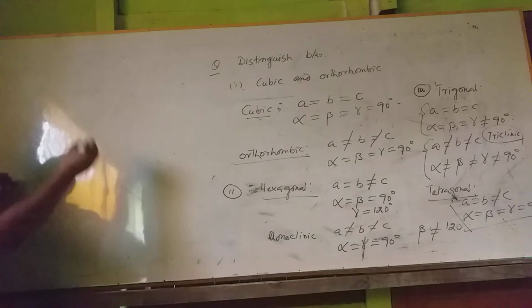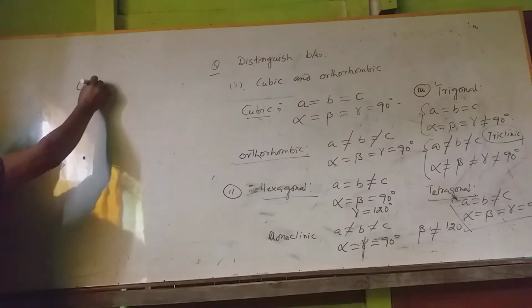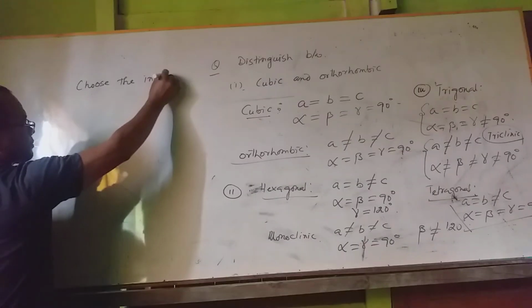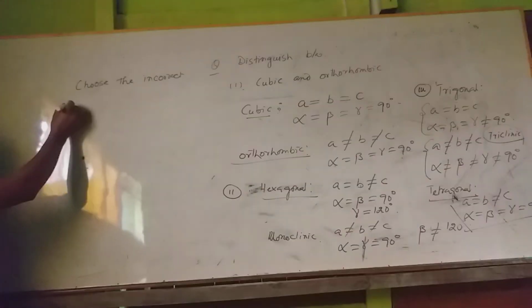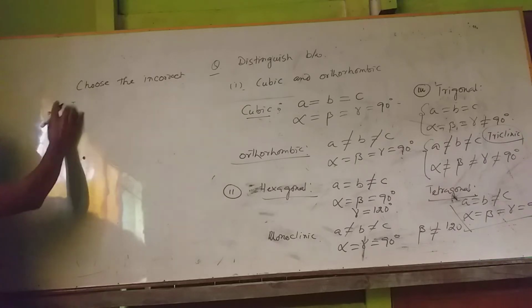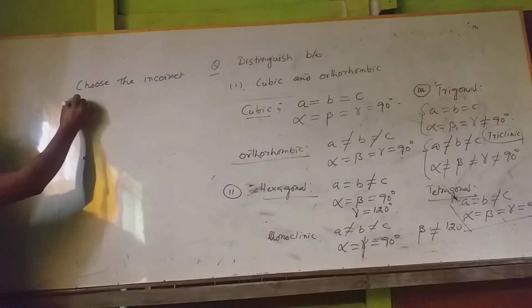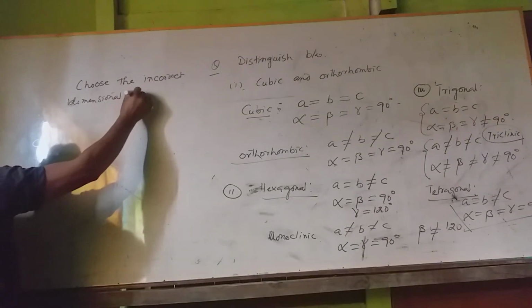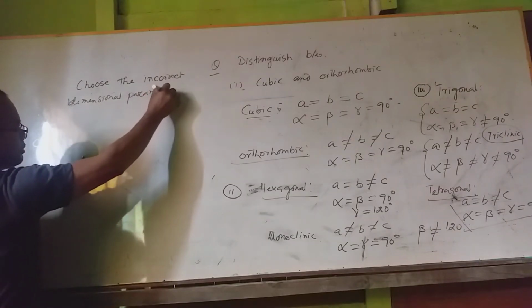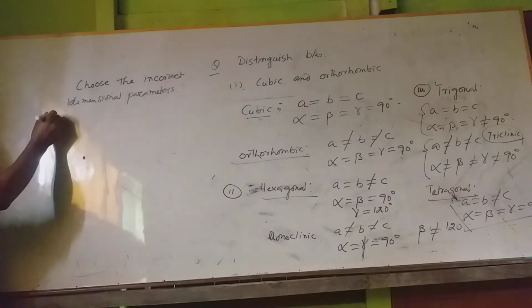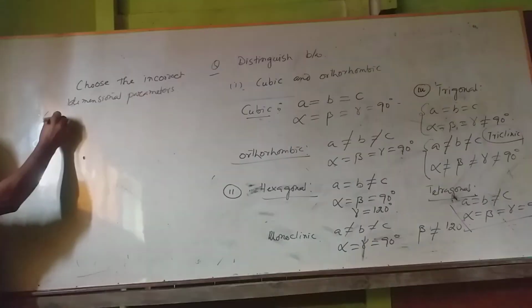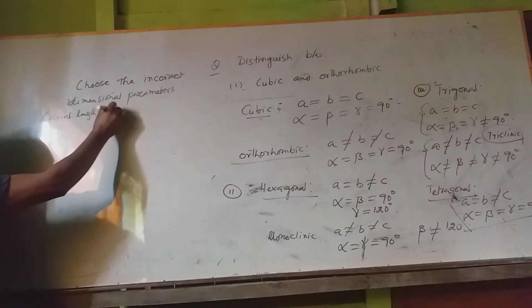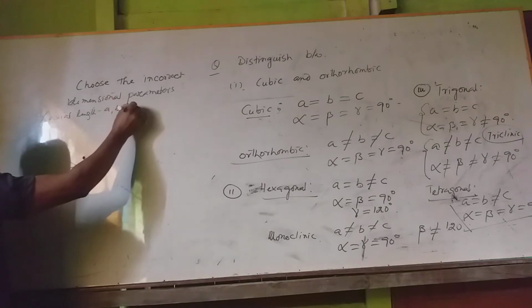Choose the incorrect dimensional parameters. The dimensional parameters I mentioned here are the axial lengths A, B and C.